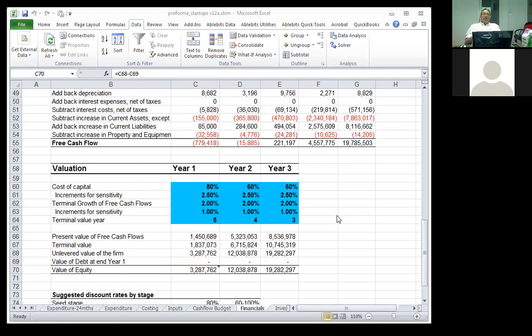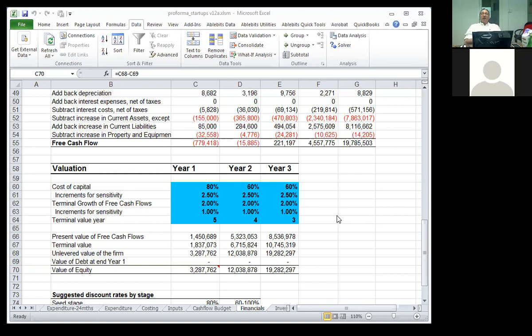Another way is, what if we liquidated the assets and sold everything? That would give us a value, but it's not the one we're looking for, because we're not looking at liquidating the company. We're looking at the value of the company in the future, based on the future results. And so we need a way to conceptualize that.